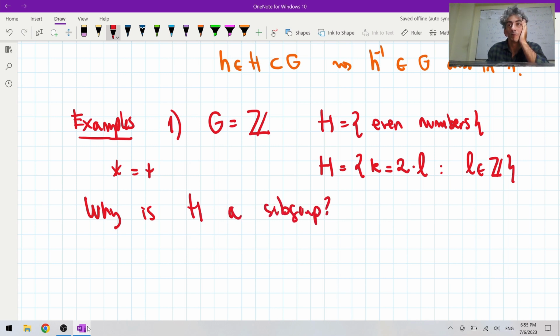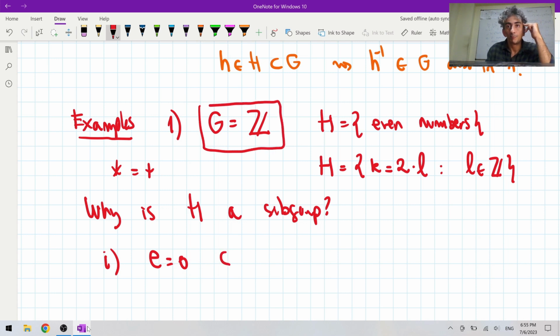Well, this is fairly trivial. Let's prove that the identity element for G, that was 0, belongs to H. That's obvious, since 0 is actually 2 times 0. Okay, that's easy.